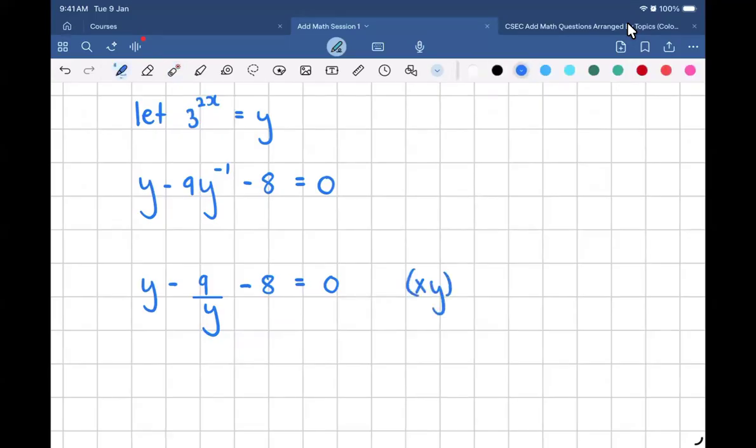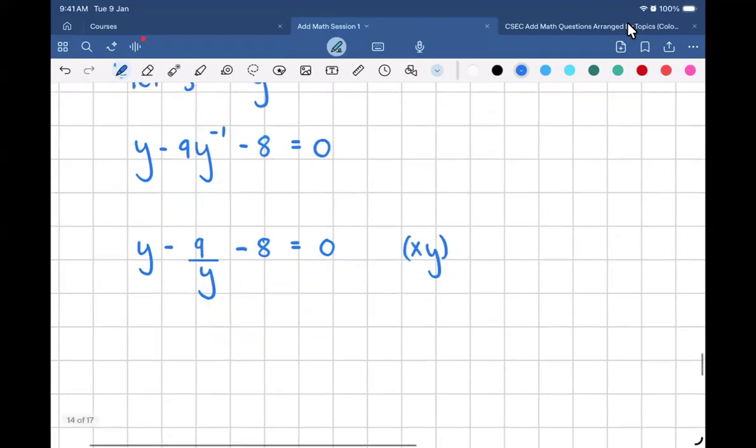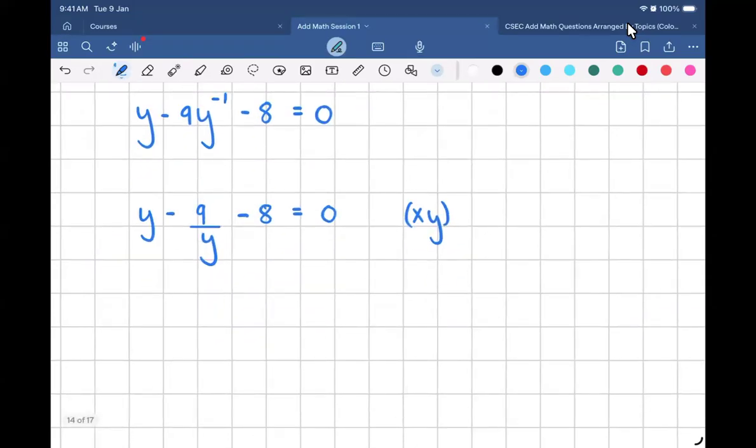Remember, if you do something in one place, you have to do it everywhere. So if I'm multiplying everything by y, what's y by y? Y squared. We're going to end up with 9 over y multiplied by y, and the two y's cancel out, so you just have 9. And what's -8 by y? -8y. Equal to 0. Perfect.